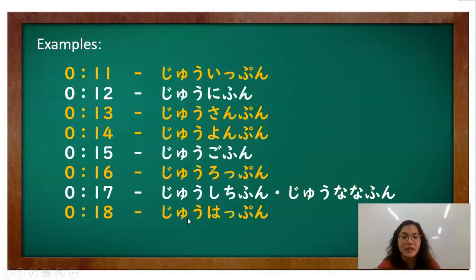Next, 18 is Ju Hapun. And 19 minutes is Ju Q Fun.